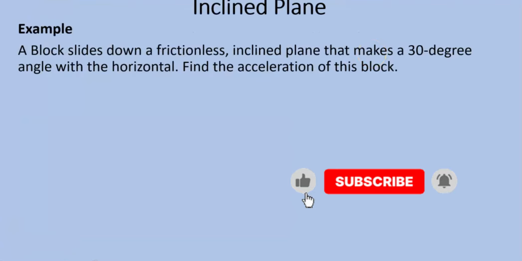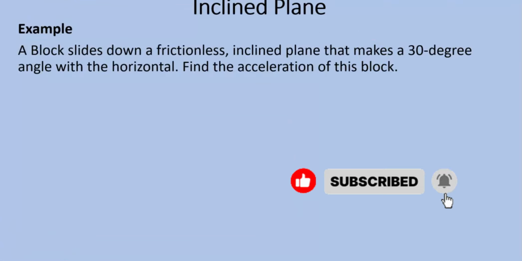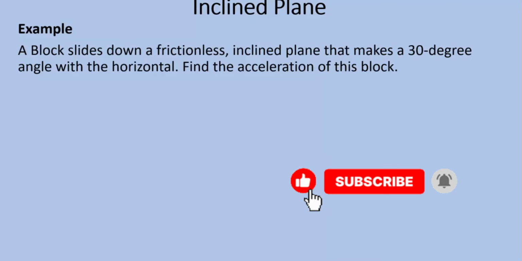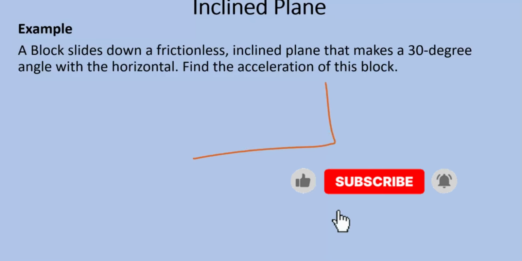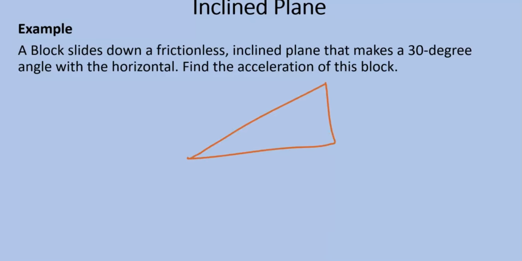A block slides down a frictionless inclined plane that has an angle of 30 degrees with the horizontal. Find the acceleration. Let's draw the incline and a block here. This is an inclined plane with a frictionless block on it, at this angle, and the weight is what we have here.